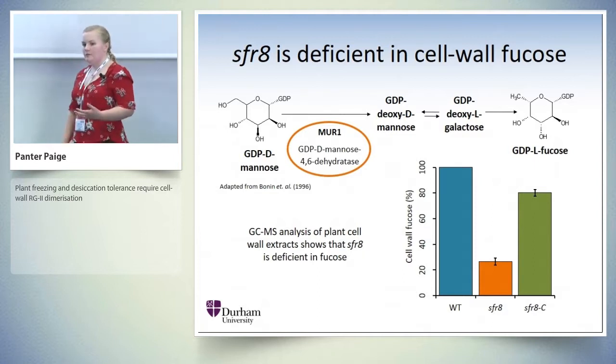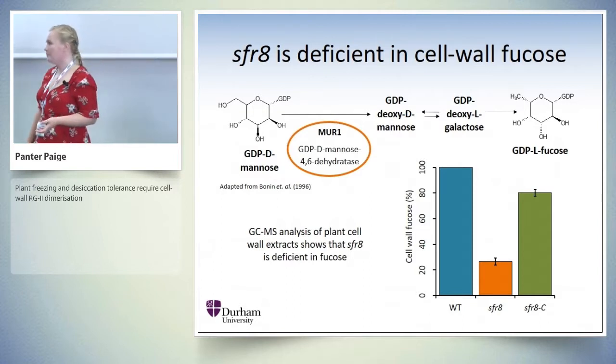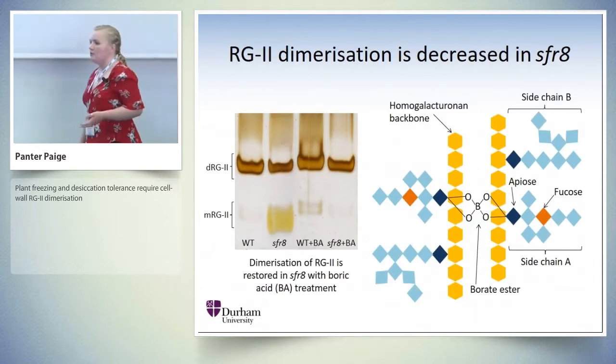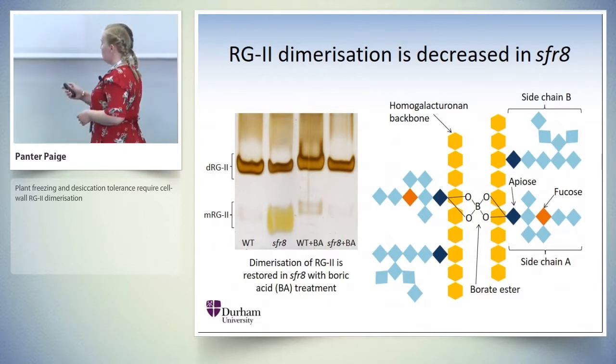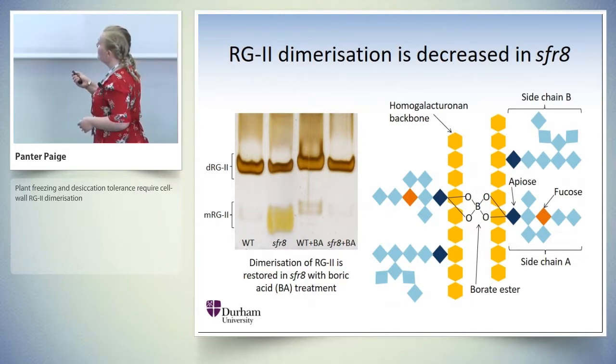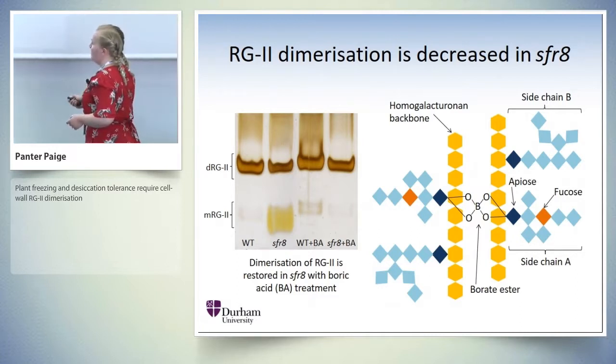There are several of the cell wall polysaccharides that contain fucose residues. And actually, one of the most important ones of those is rhamnogalacturonan-II, as I introduced to you earlier. If we take a closer look at the structure of RG2 here, we can see that it's composed of a homogalacturonan backbone of galacturonic acid residues, and it has several side chains made up of different sugars, which are all in blue here just for clarity.